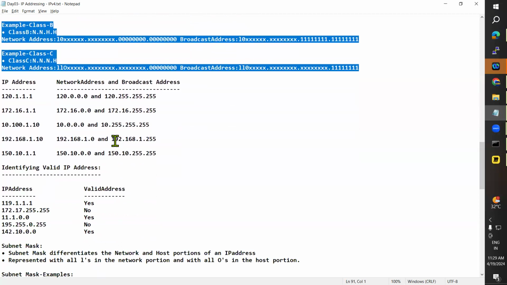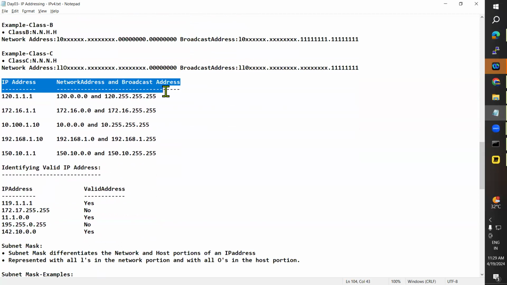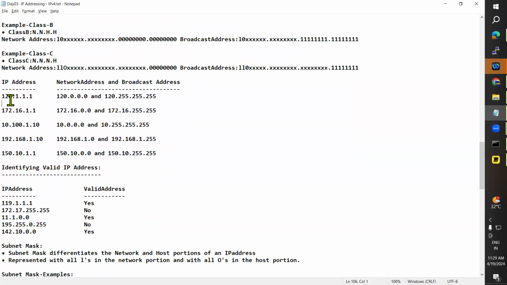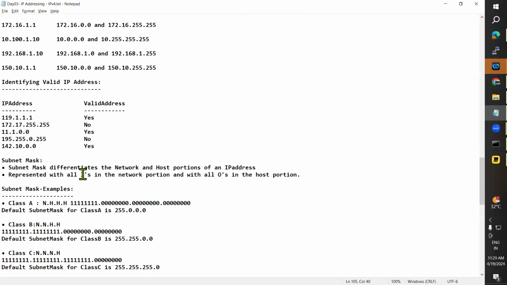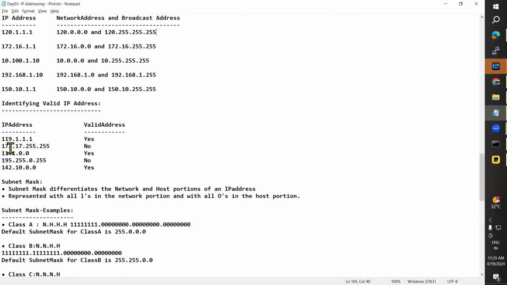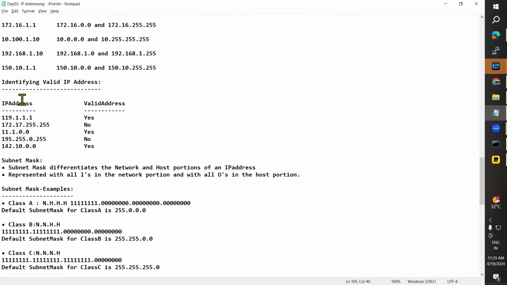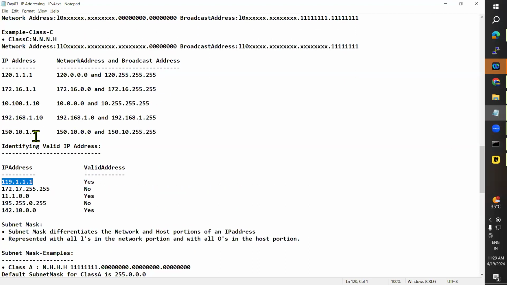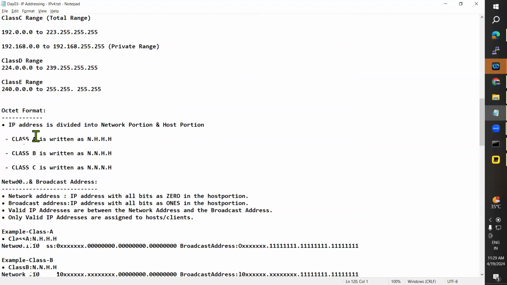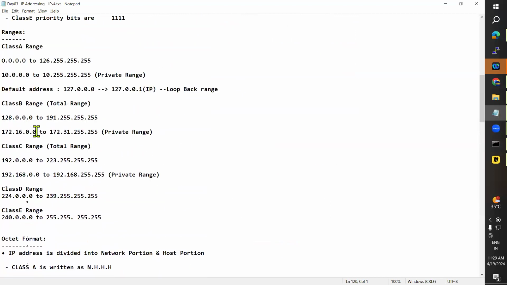Coming to here, see IP address. You tell me, identifying valid IP addresses. Is this a valid IP address? Yes, it's a valid IP address. 119 means which range?